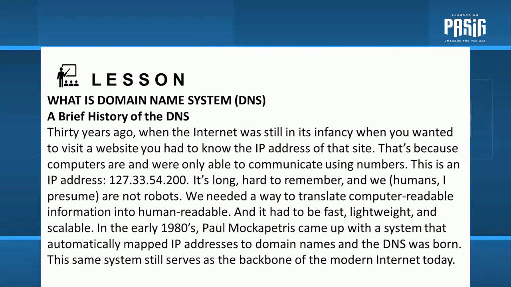And it had to be fast, lightweight, and scalable. In the early 1980s, Paul Mockapetris came up with a system that automatically mapped IP addresses to domain names, and the DNS was born. This same system still serves as the backbone of the modern internet today.